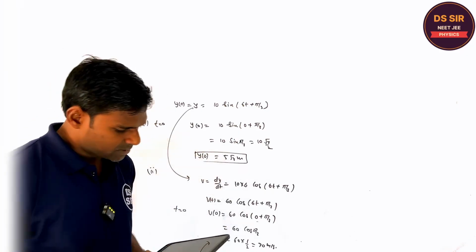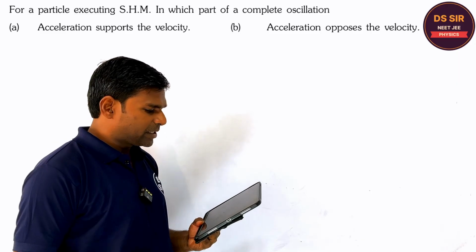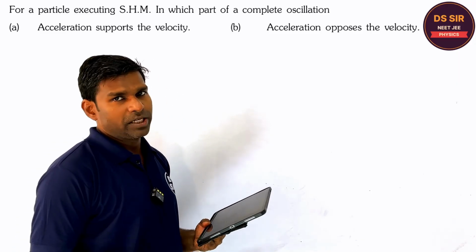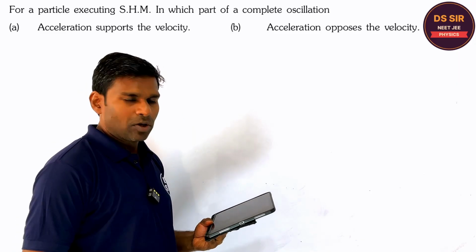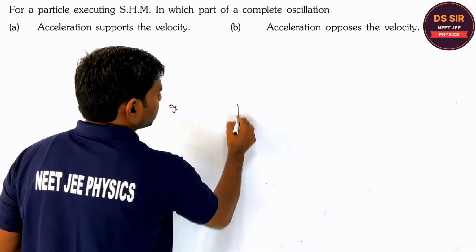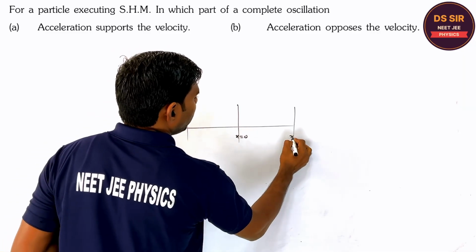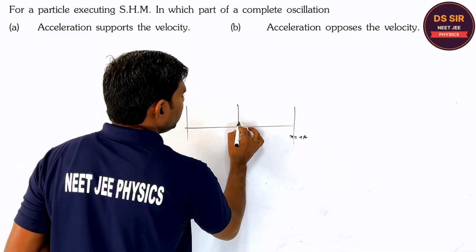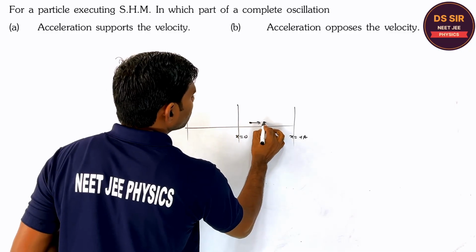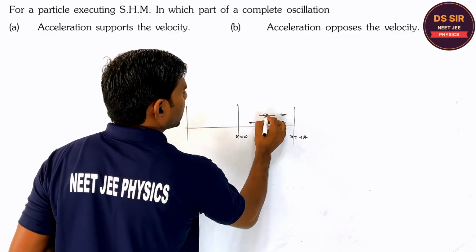Alright, copy this. In the next example, for a particle executing SHM, in which part of the oscillation does the force support the velocity and in which does it oppose the velocity? Right, this is a good question. Listen, one thing. When a particle is performing SHM from x is equal to 0 to plus a, the velocity direction is going this way, so the force will be in the opposite direction.